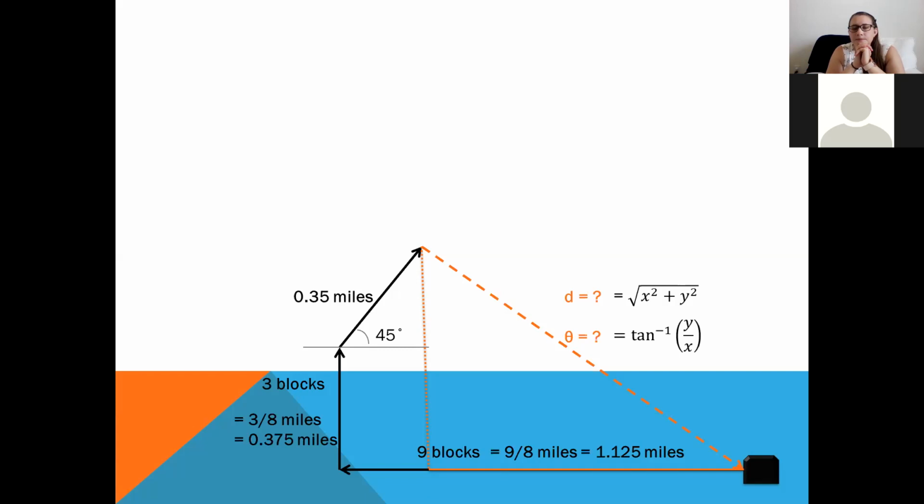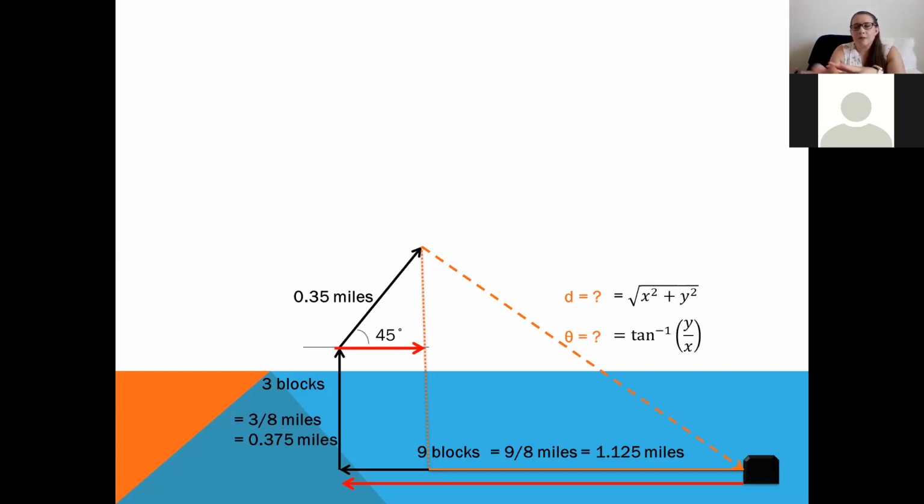Now we know that he walked 9 blocks west and then ended up backtracking a little bit to the east when he cut through the park. So we see there's our 9 blocks west, but then he backtracked a little bit in the park.